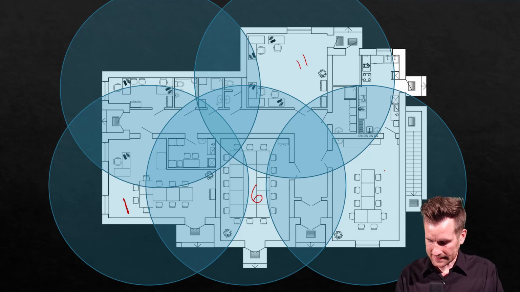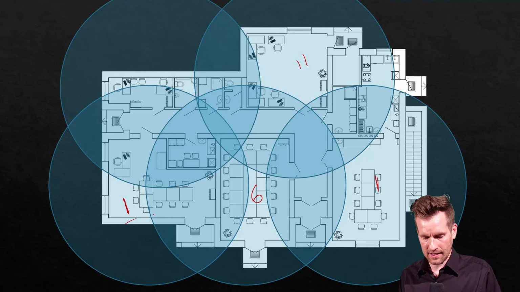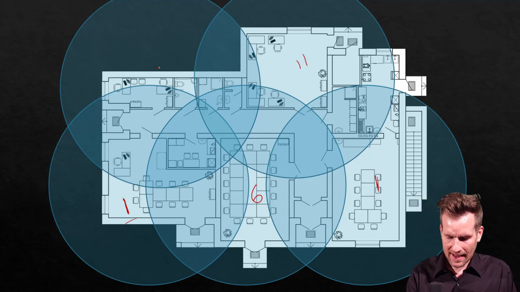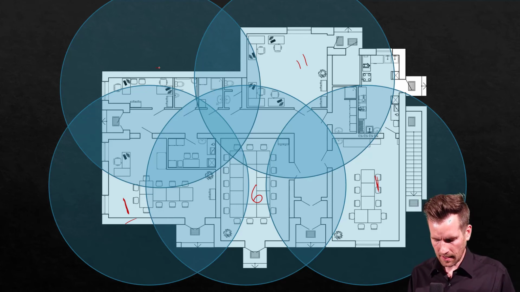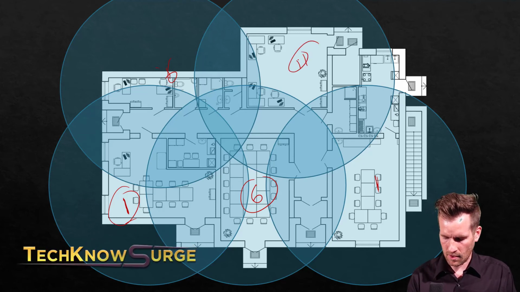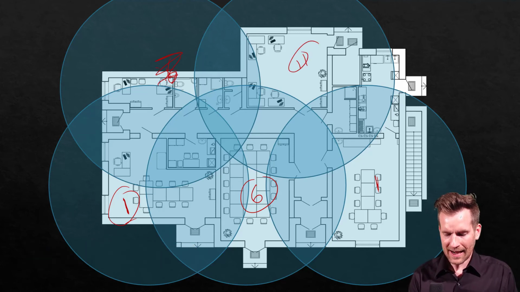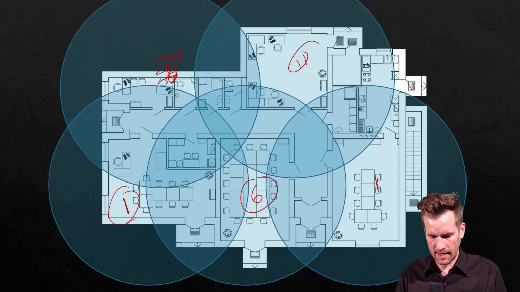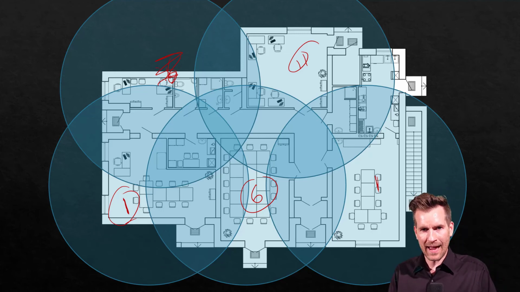I can assign channel 1 here because it's not overlapping this one right here. But right here now, I have a problem with this coverage area. I can't assign a 1 because it overlaps with this one. I can't assign a 6 because it overlaps with this one. I can't assign an 11 because it overlaps with this one. So I'm not able to put the access point there. So this can be problematic on our networks.